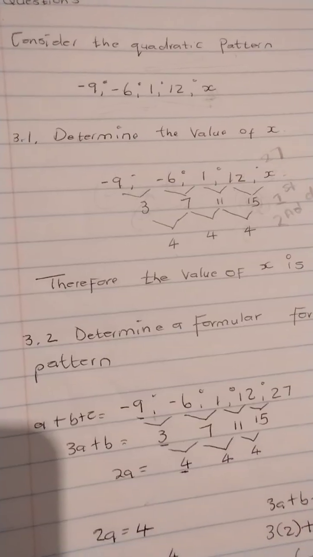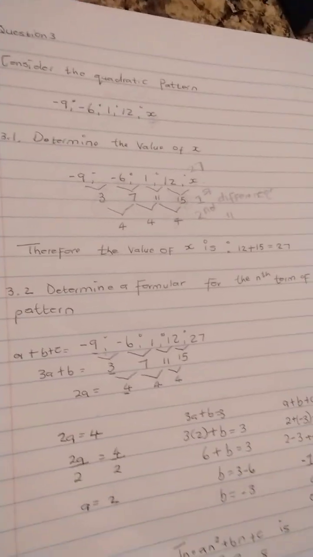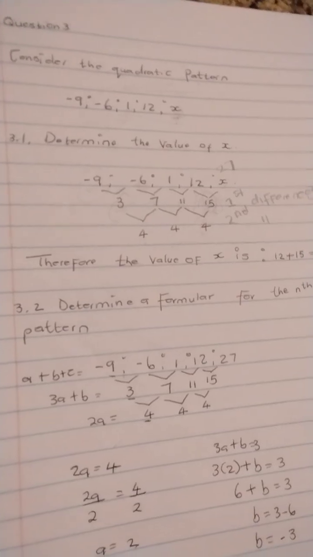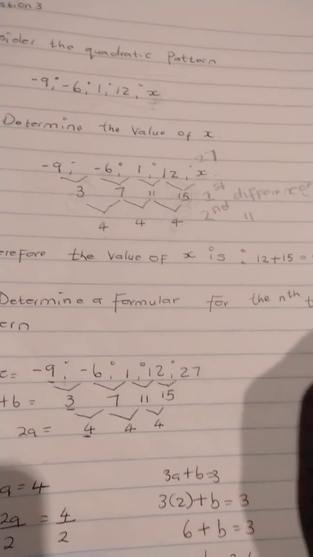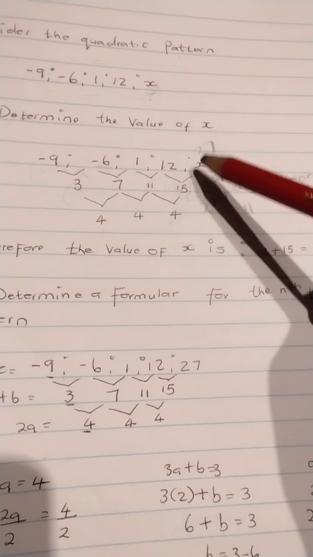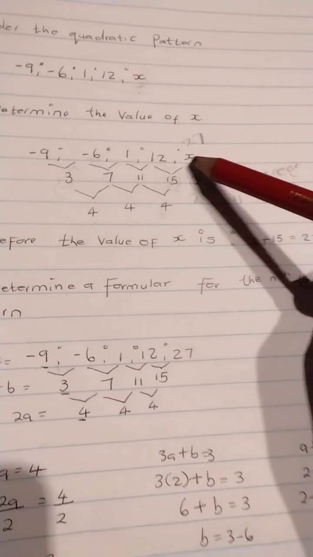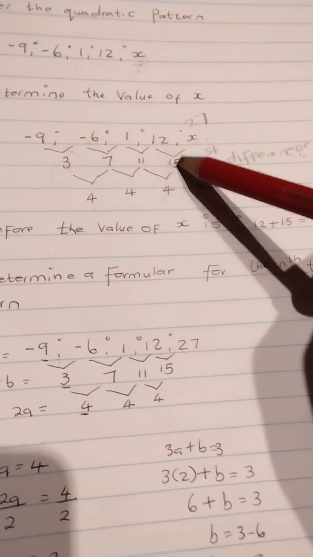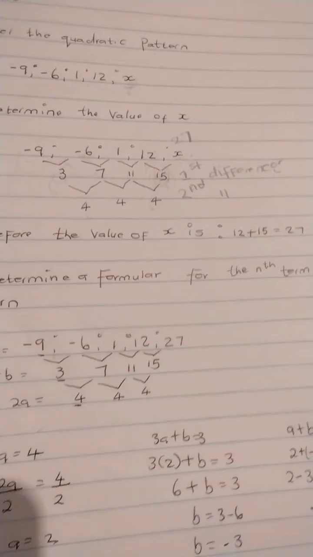And that is the value that we get. I feel like the question right here was kind of straightforward. So the difference between x and 12 is 15. To get the value of x, you're going to say 15 plus 12 equals the value of x, which I've written somewhere.